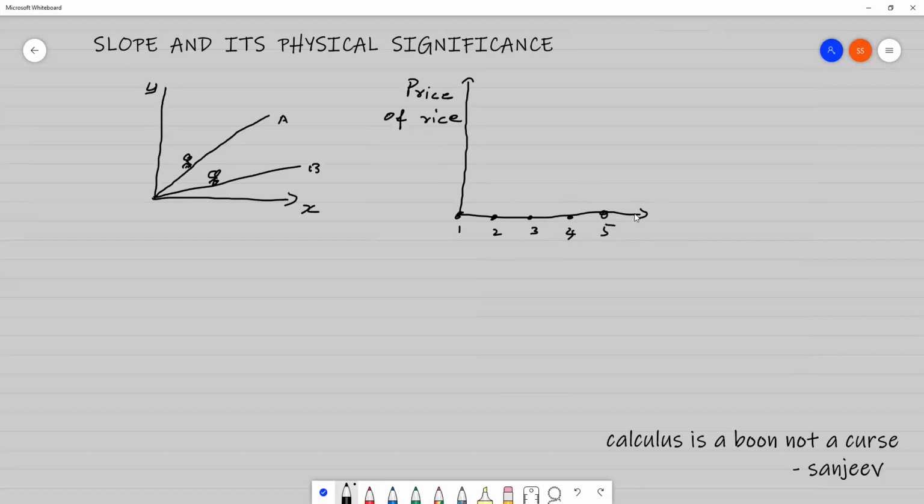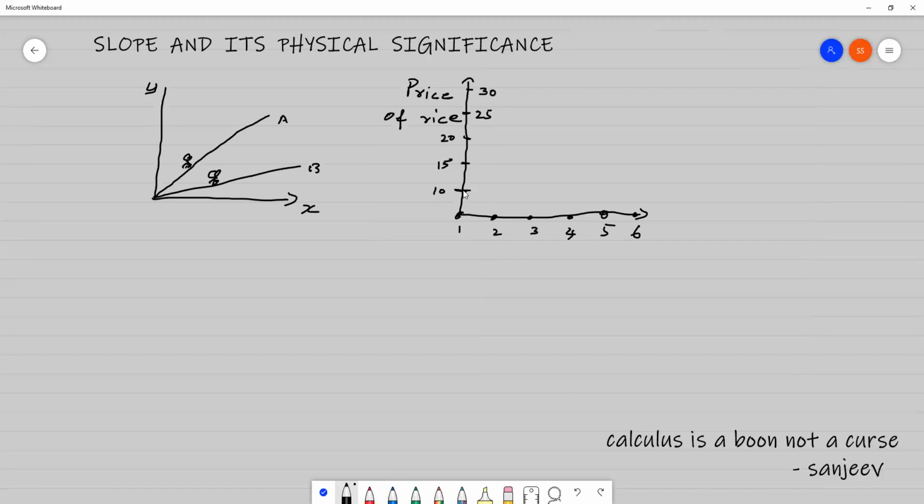Basically it is time. Now I put some prices: let this be 10 rupees, this 15, this 20, this 25, this 30.